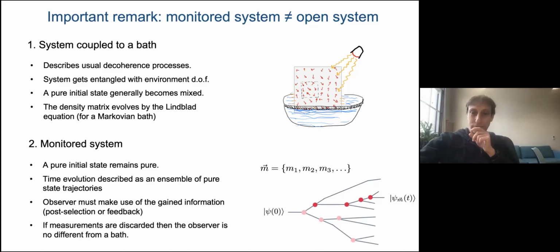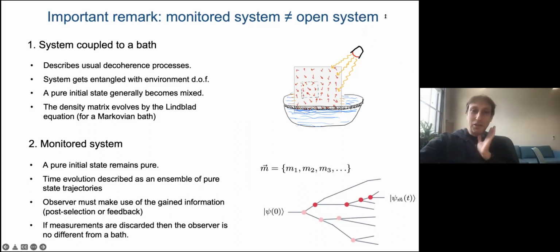Any other questions? I just have one quick question. I'm aware of this so-called process tensor formulation of open quantum systems, which seems similar to how you've described the monitored system. I don't know if you know how it's related to that formulation. Again, what's the name? Process tensor. There's a process tensor formulation of open quantum systems, which seems quite similar to what you've described.